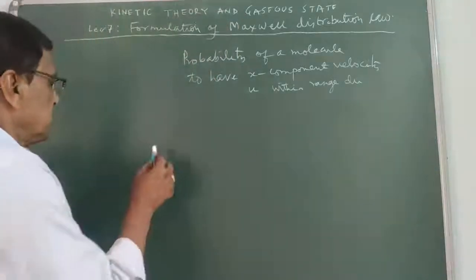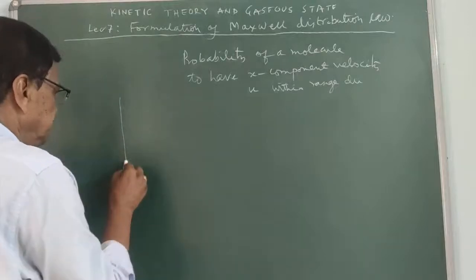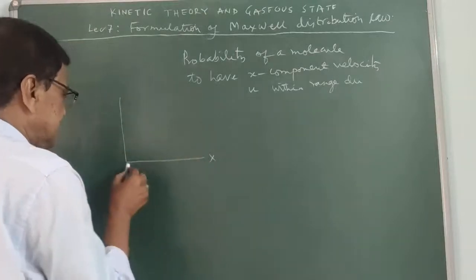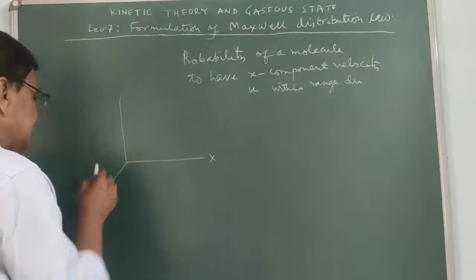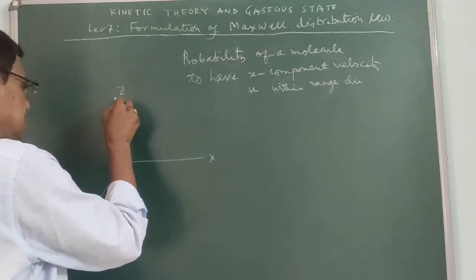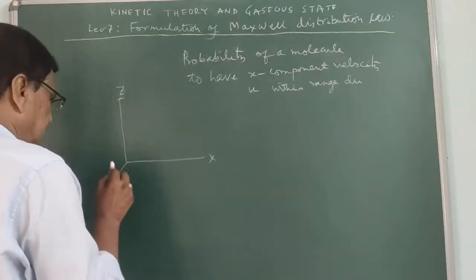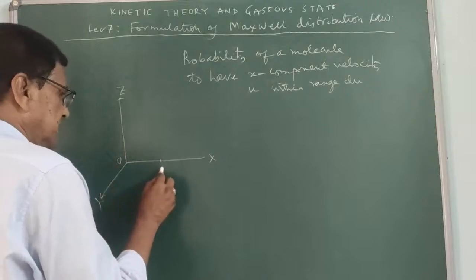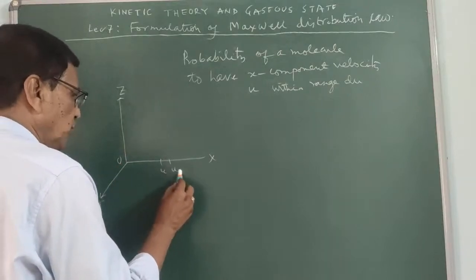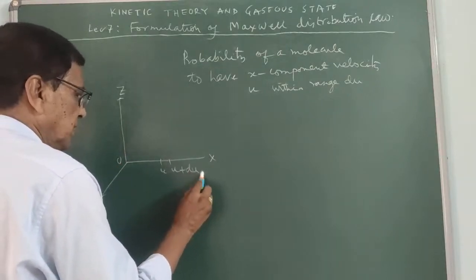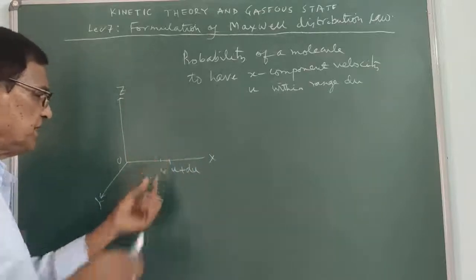Suppose this is the x-axis, this is the y-axis, and this is the z-axis, and here it is 0, and this is u, and this is u plus du. du is the range.